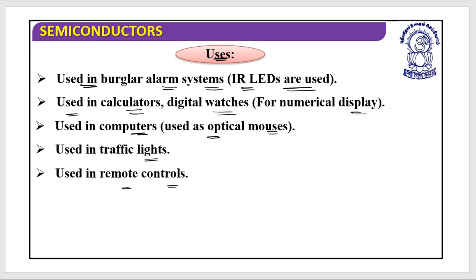Why are LEDs most popular? First reason is that they are very inexpensive. If you go to the market, you will get an LED for just 3 rupees. Second, and most important, it can be operated at very low voltage.